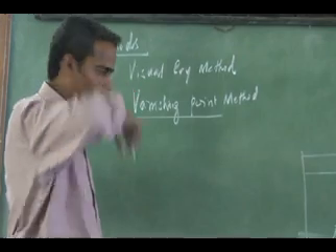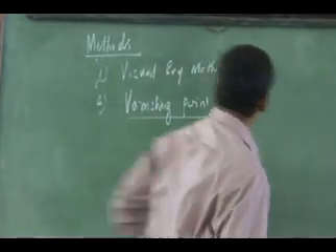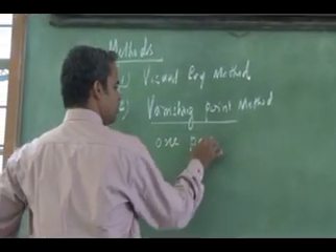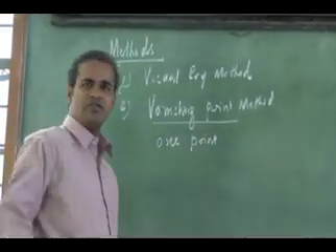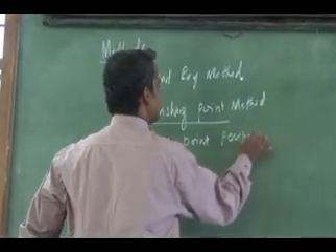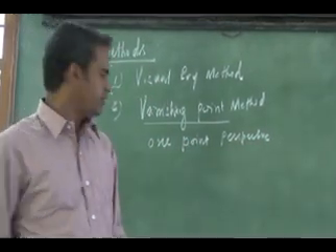Right. Now, in the vanishing point method, I have one point perspective, one point in the sense, one single vanishing point. I will have only one vanishing point.